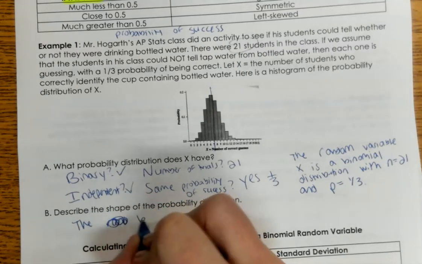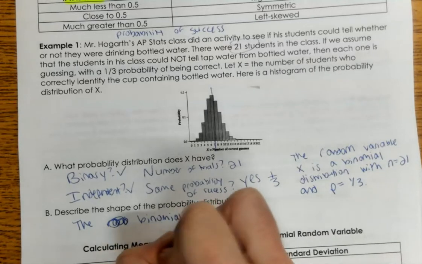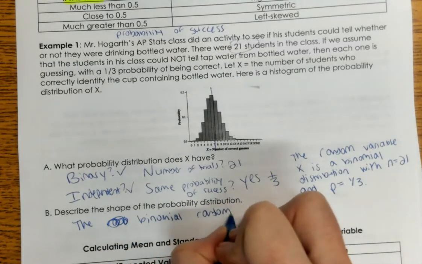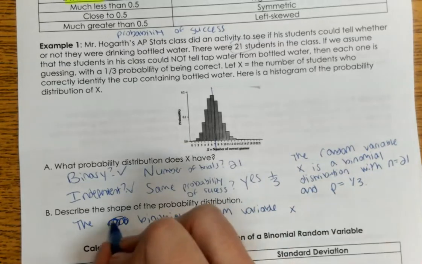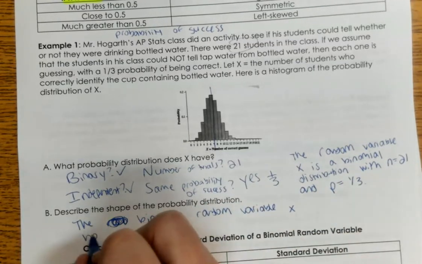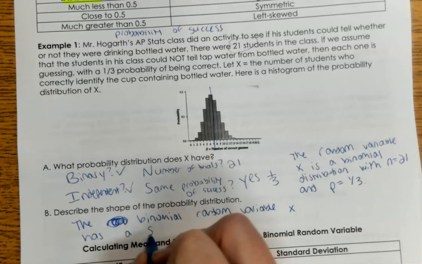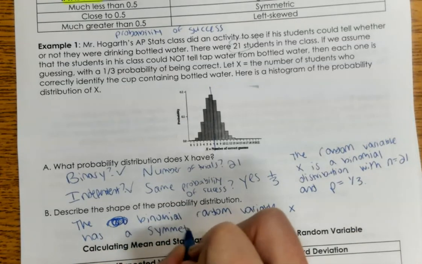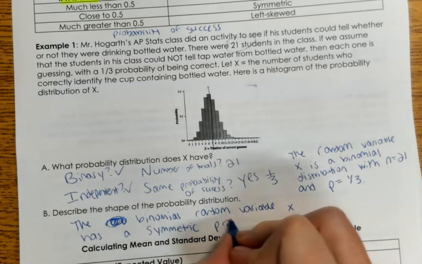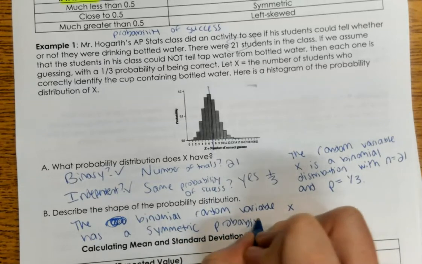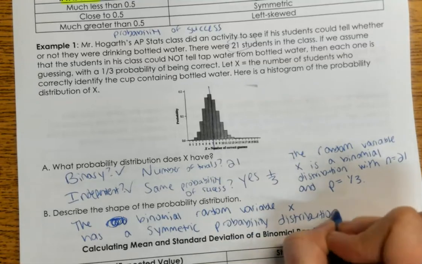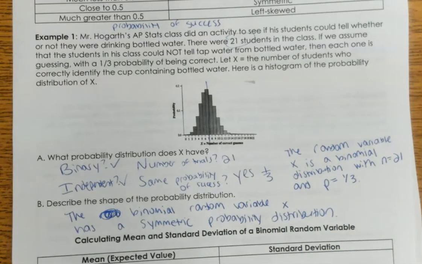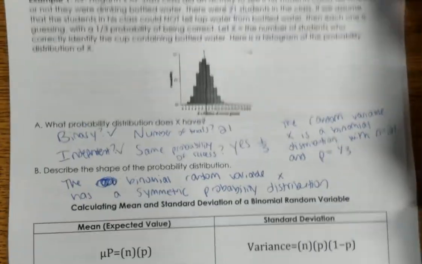I will say the binomial random variable x has a symmetric probability distribution. All right, so that was the shape.